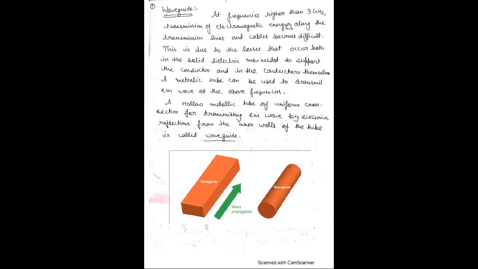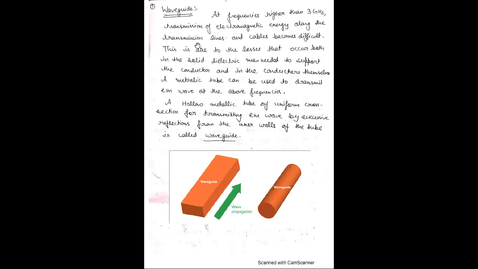This is due to the losses that occur both in the solid dielectric needed to support the conductor in case of transmission lines and in the conductors themselves. A metallic tube can be used to transmit EM waves at the above frequency.